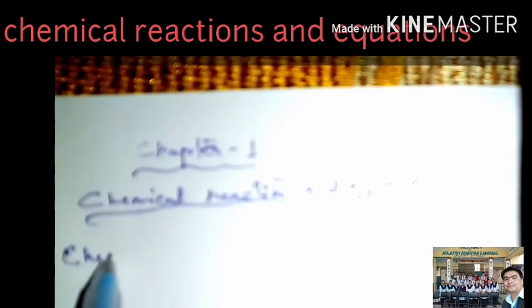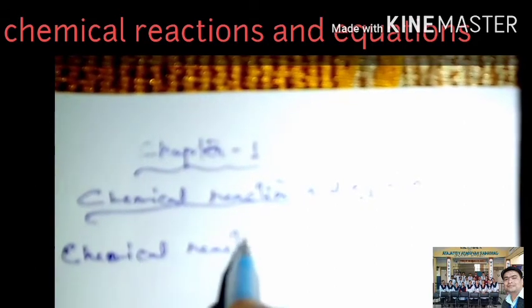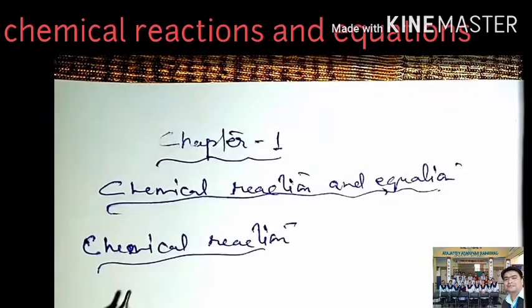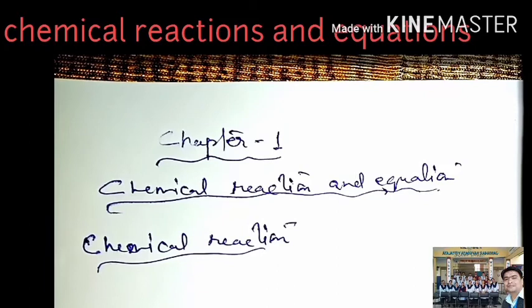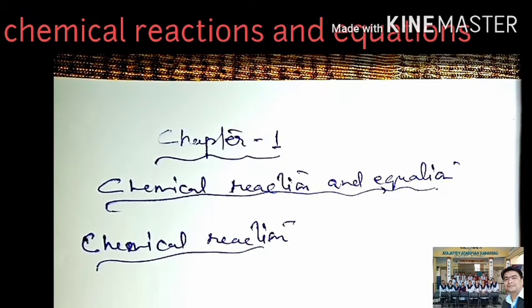Students, first of all, let us learn what is called a chemical reaction. As you know, students, in nature so many changes are taking place. For example, hydrogen is there in the atmosphere, oxygen is also there in the atmosphere. Under certain conditions, this hydrogen and oxygen react with each other to form water.